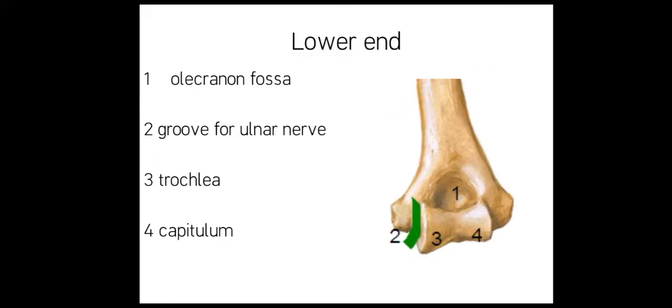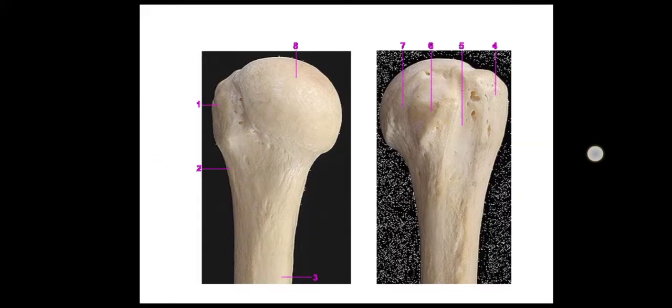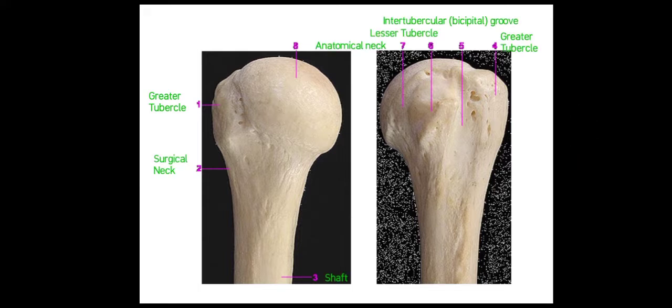The anatomical neck of the humerus. And at last, the number 8 structure here is the head of the humerus. So if you guessed 4 out of these 8 structures correctly, it means you're paying attention to the lecture.